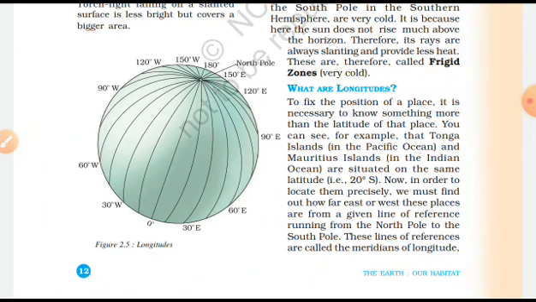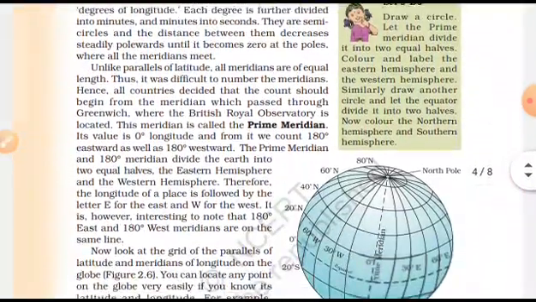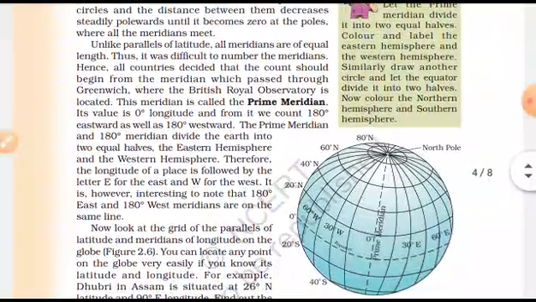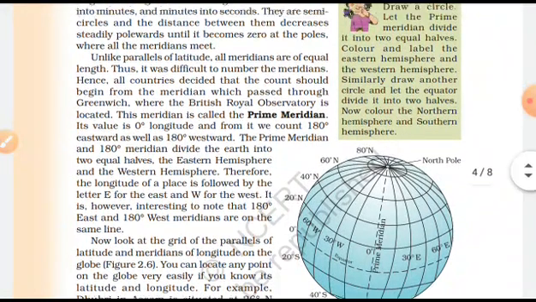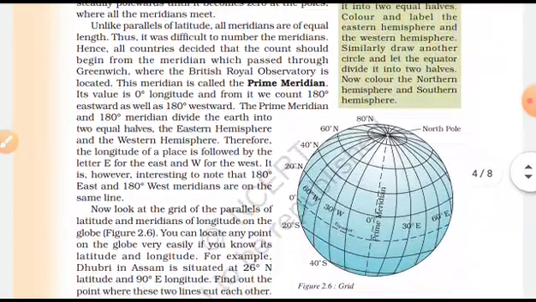So if you count that, how many longitudes are there? There are 180 longitudes. Unlike parallels of latitude, all meridians are of equal length.